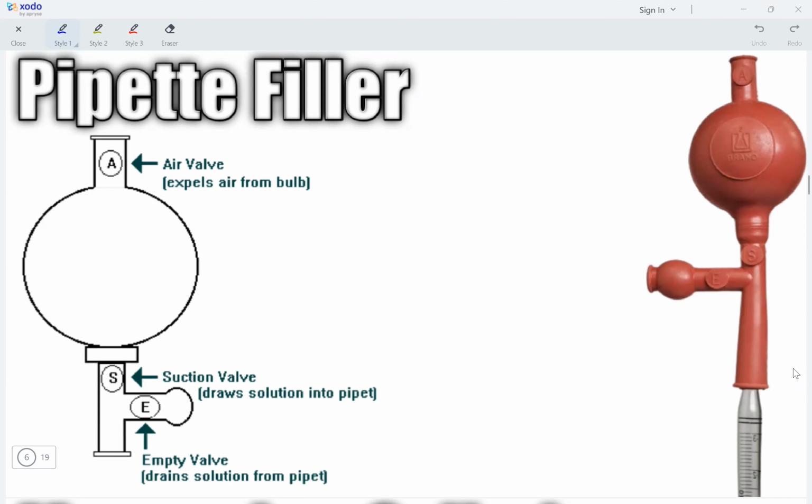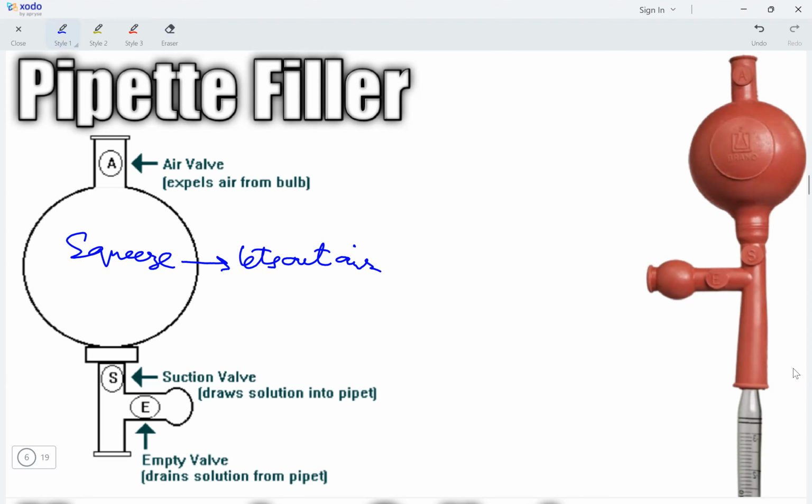So when we press the A at the top of the pipette filler and squeeze the bulb, it lets the air out. This creates the pressure that will pull up the liquid from the container up into the pipette itself. The next label here is the suction valve.